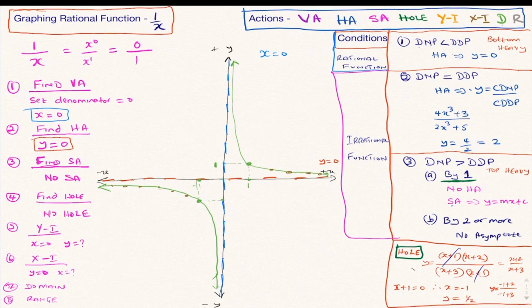The domain is all possible values for x. We go from minus infinity, approach 0, and then start again from 0 and approach plus infinity. That's the domain for the x values.